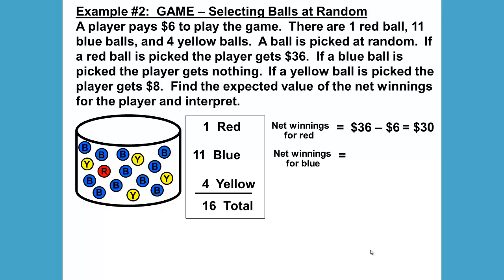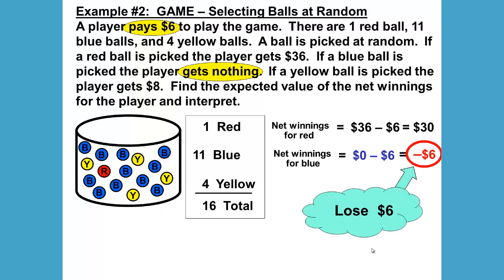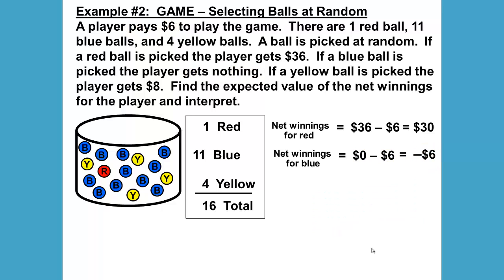What are the net winnings for blue? If you pick the blue ball, you get nothing. So $0 minus the $6 means that you lose $6. And that would be a negative 6 to indicate losing money.